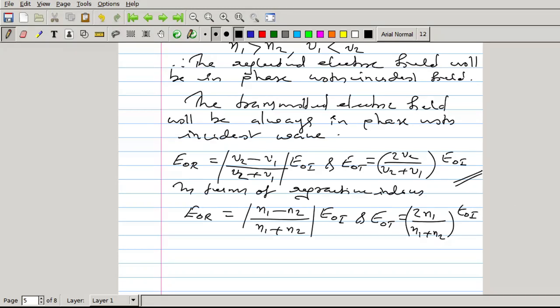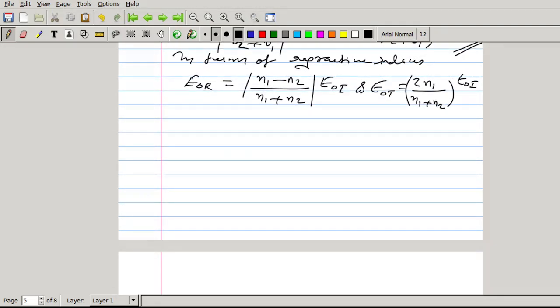These are the expressions for real amplitudes of the reflected and transmitted waves in terms of the amplitude of the incident wave. Now we will find the intensity of the wave.